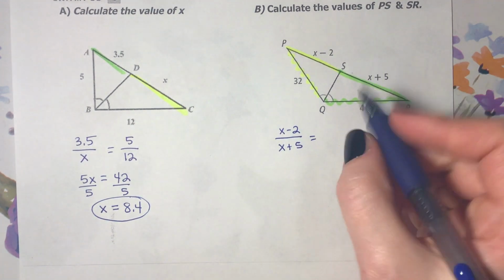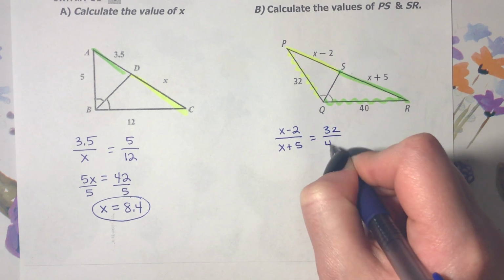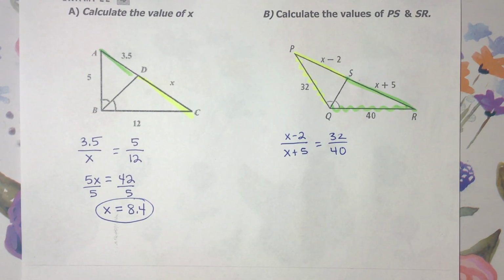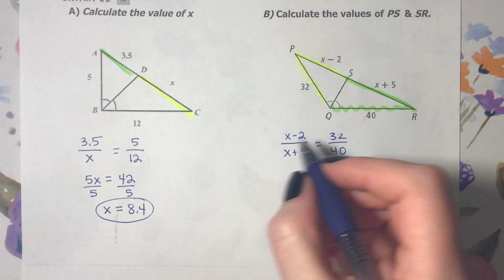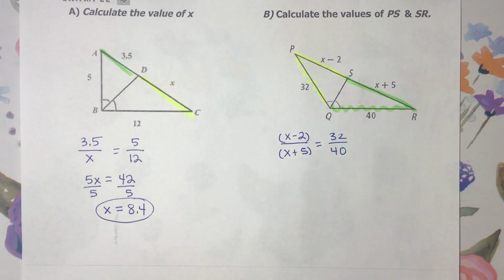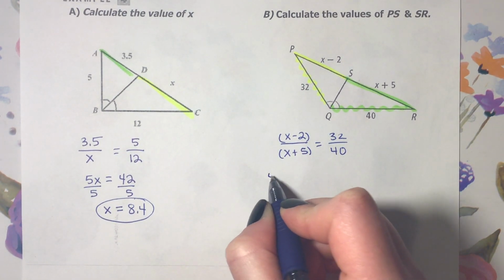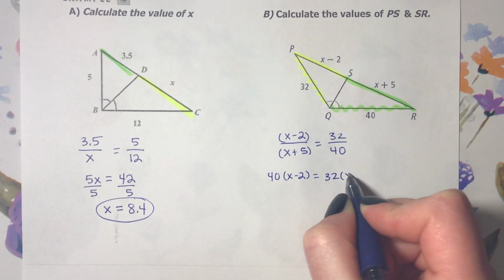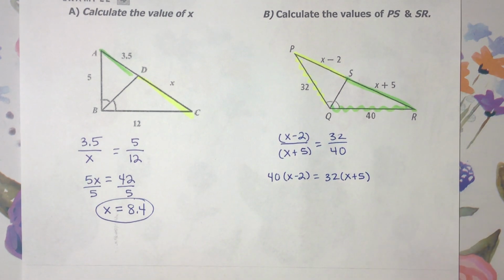So that is 32 over 40. Once you have your proportion, and a proportion is just when two ratios or two fractions are equal to each other, you want to cross multiply. Don't forget to put parentheses around these because a lot of times people forget to distribute. So this is going to be 40 times x minus 2 is equal to 32 times x plus 5.